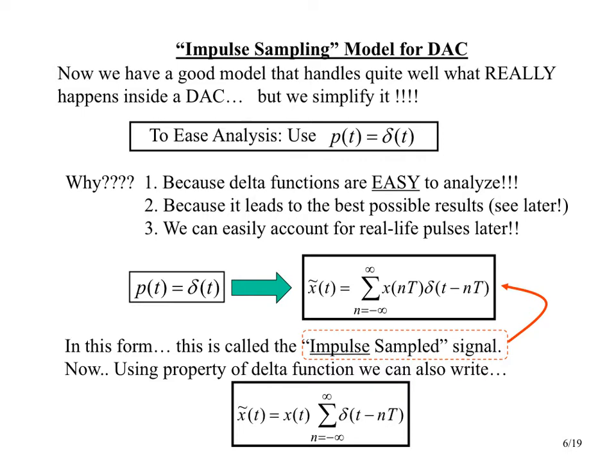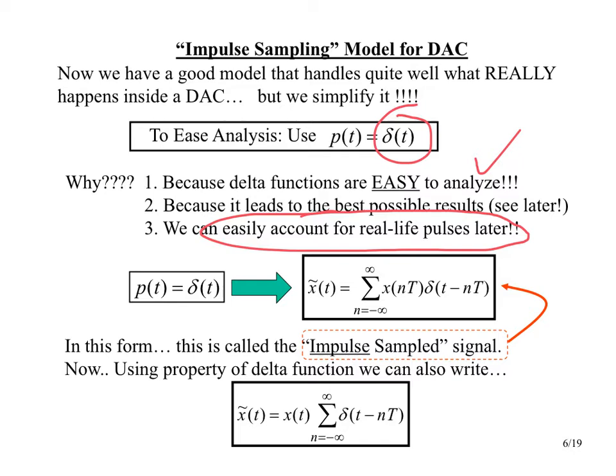So we're going to use the delta function instead of these rectangular pulses. We'll later see that we can easily account for real-life pulses, but the reason we do this is it really simplifies the analysis at this point. It strips away the harder things.